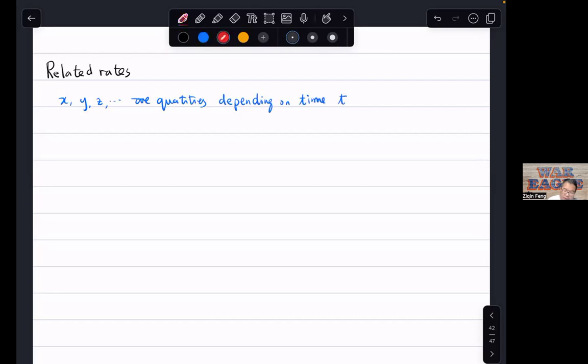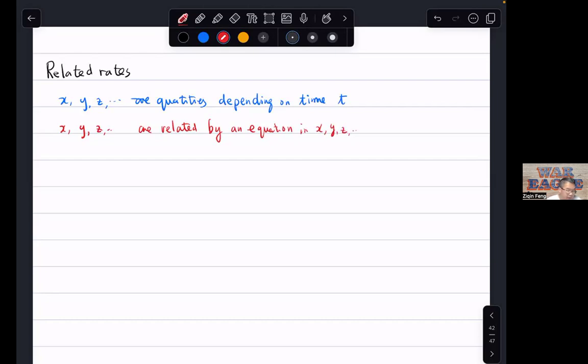So basically, we know that x, y, z, or more are functions of time. And also, we are given that x, y, z, or more are related by an equation in x, y, z, no matter how many quantities you have.